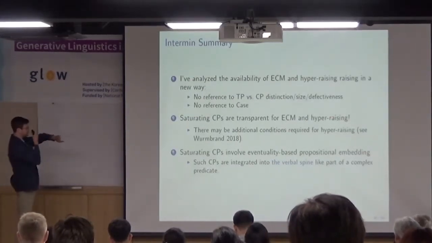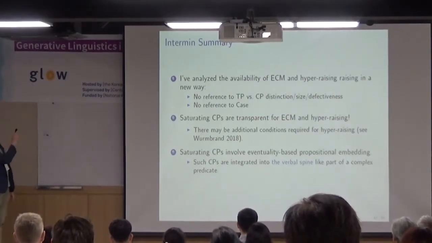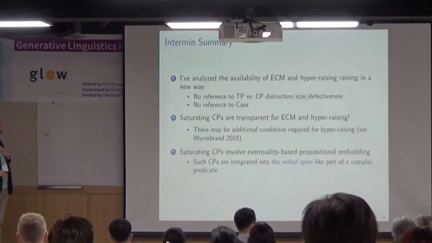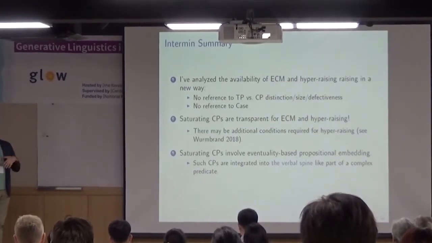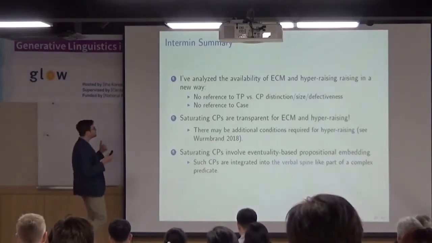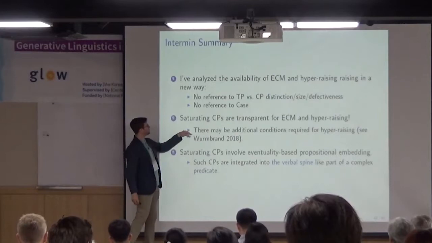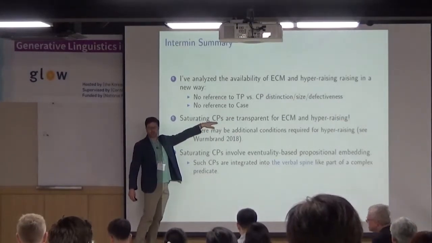Okay, so interim summary, and I know that sounds funny five minutes before ending, but I've analyzed ECM and hyperraising as not a distinction between tense or the defectiveness of the clause, but as at least partially explained by whether the CPs from which you move are saturating or not.